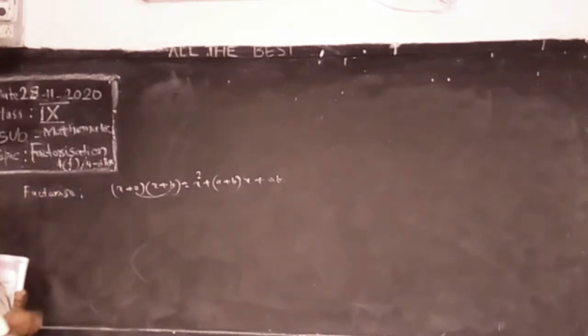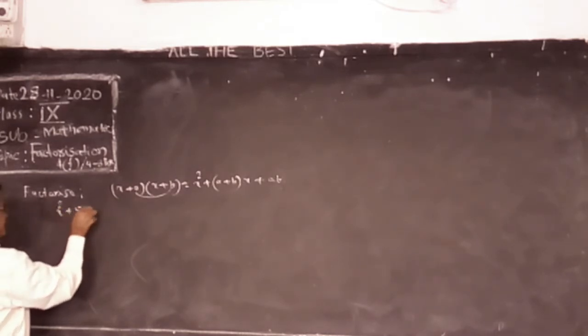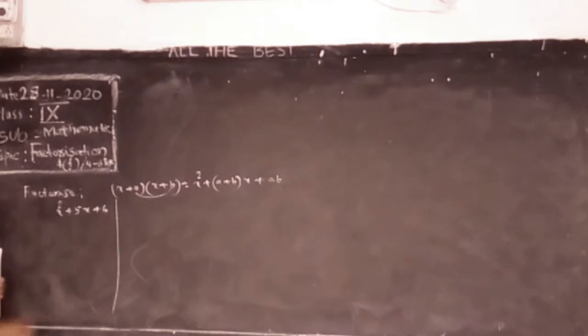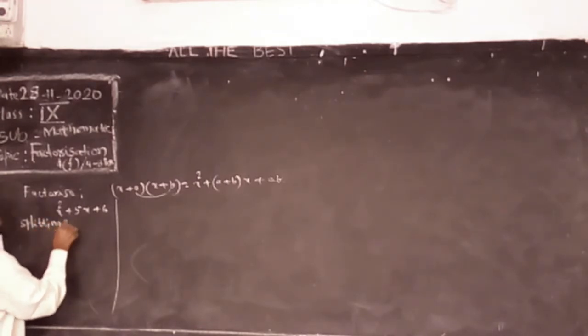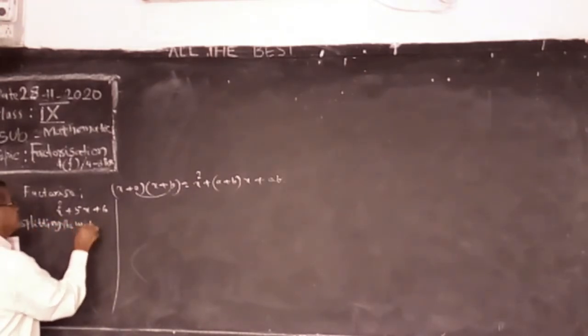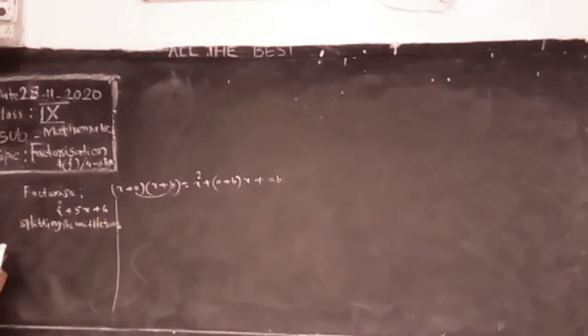Suppose one trinomial is given: x squared plus 5x plus 6. We have to split the middle term, as the sum will be 5 and the product will be 6.